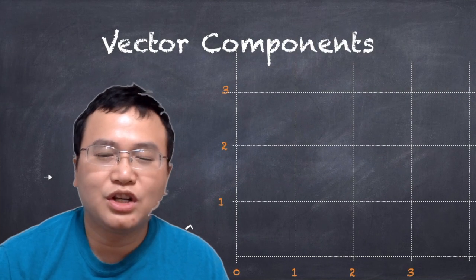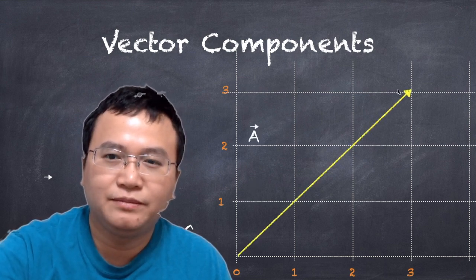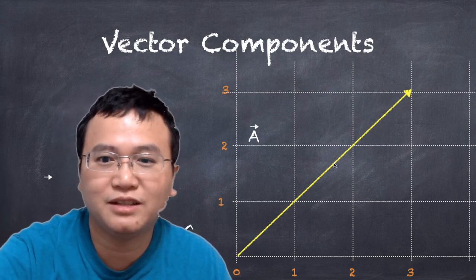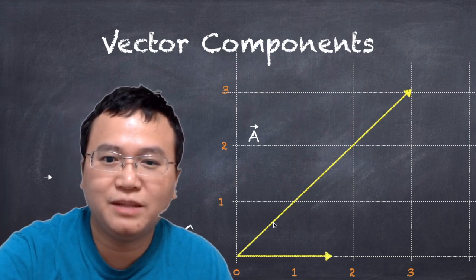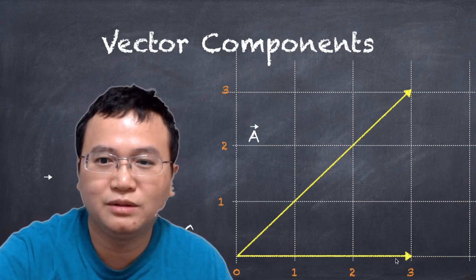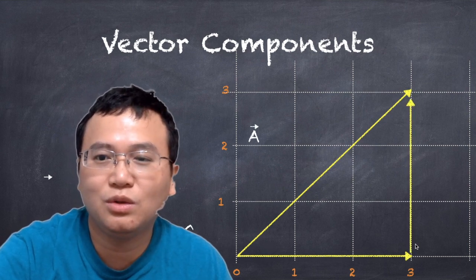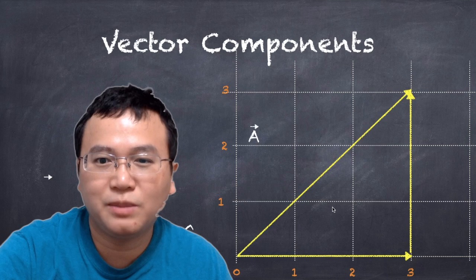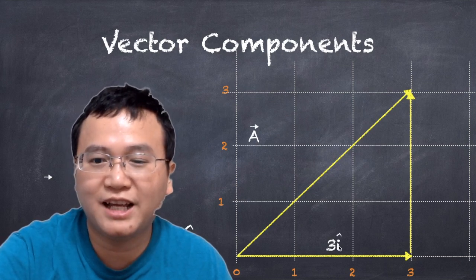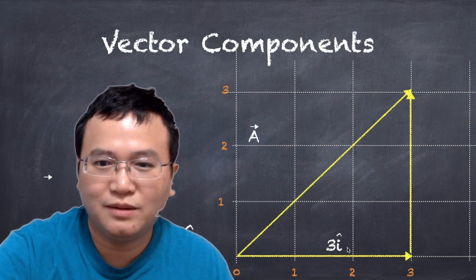Let's look at vector components. This is vector A. You can call it vector B, you can call it whatever you want. I'm going to call this vector A. Vector A can be broken up into an x component and also a y component. We represent the x component with i caret, so this will be 3 i caret.